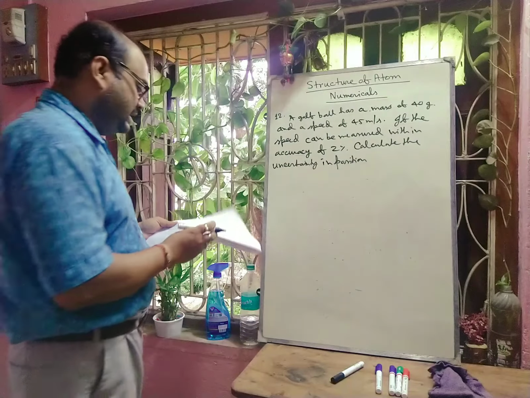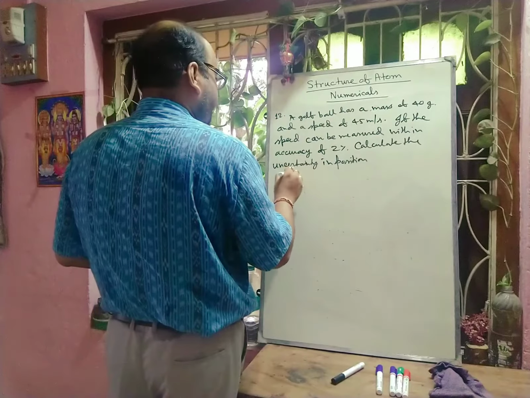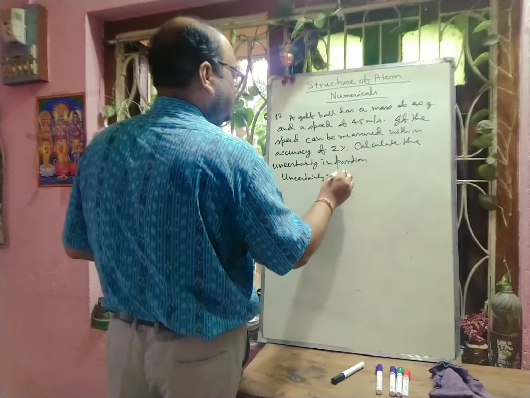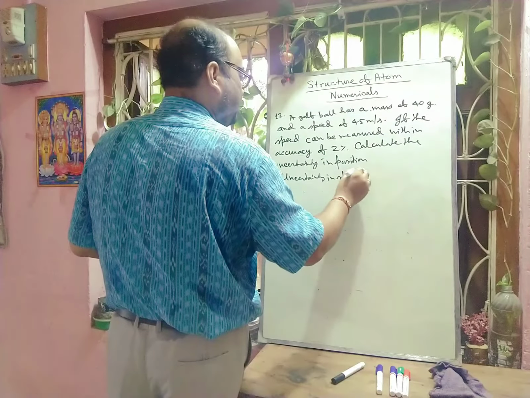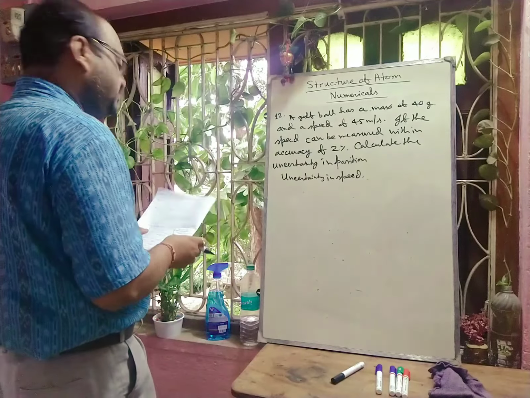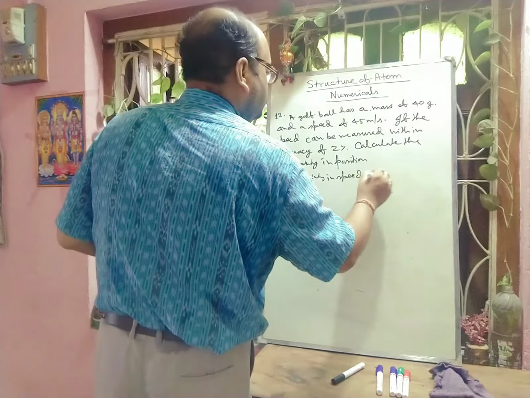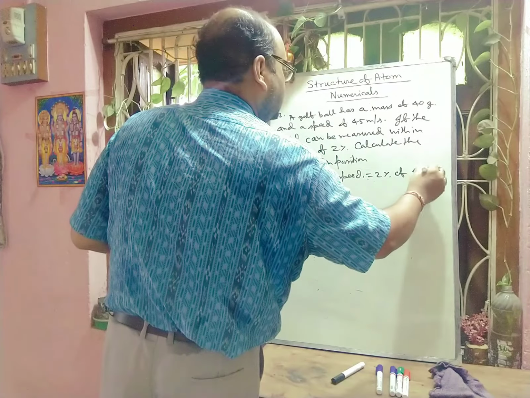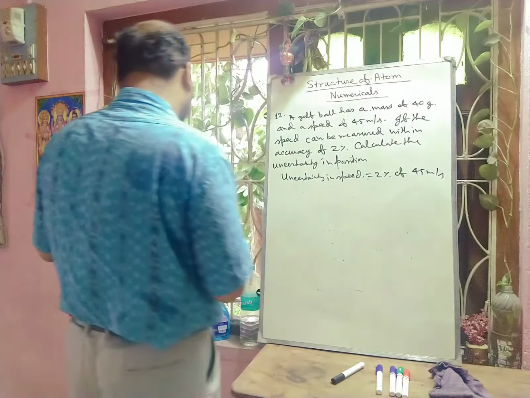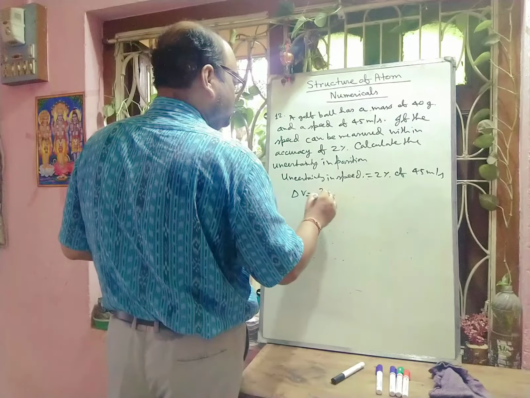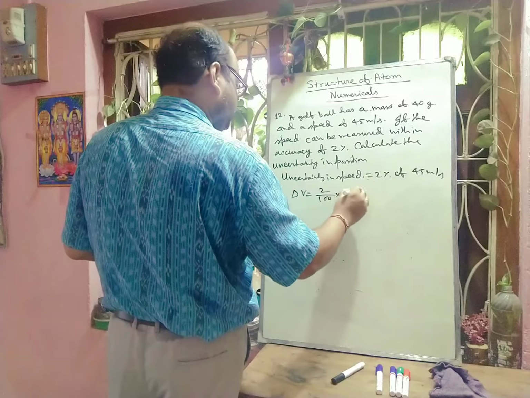Now here uncertainty in speed, can be measured within accuracy of 2%, is 2% of 45 meter per second. So delta v is equal to 2 by 100 into 45.